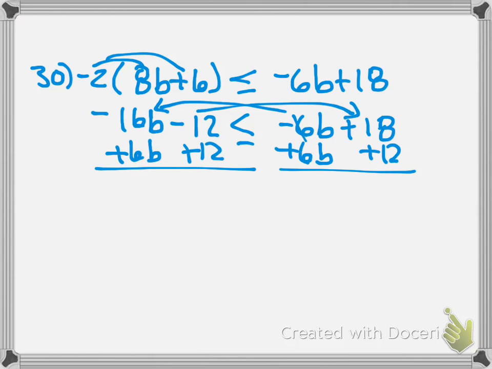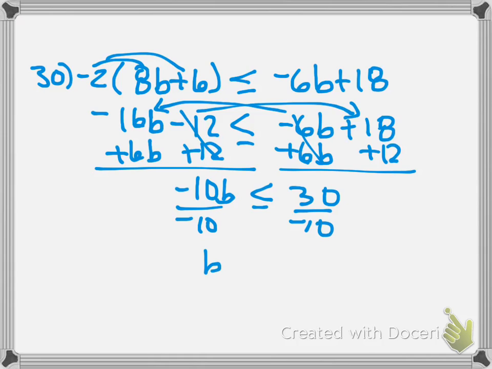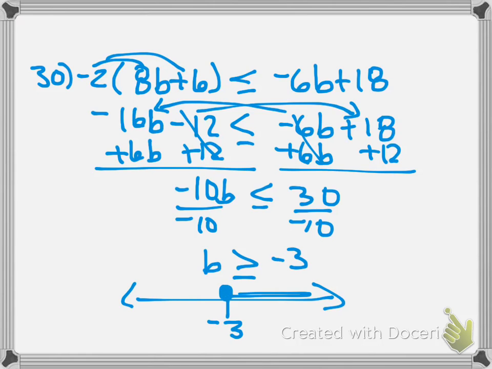That will give me negative 10b less than or equal to 30. Because I have a negative, I'm going to divide by negative. I will change the inequality and have b is greater than or equal to negative 3. So then I do my shade, put a closed dot, shade to the right.